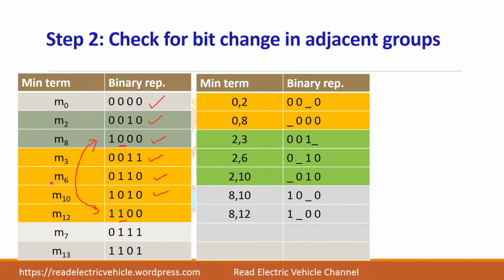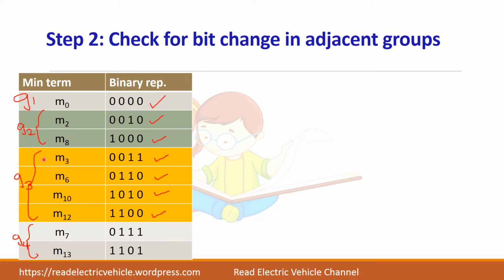So group 2, group 3 comparison is over. Next we should go for group 3 and group 4 comparison. So don't forget to put the tick mark because 12 is here, so put a tick mark here. Now we will compare M3 with M7 and then M3 with M13.